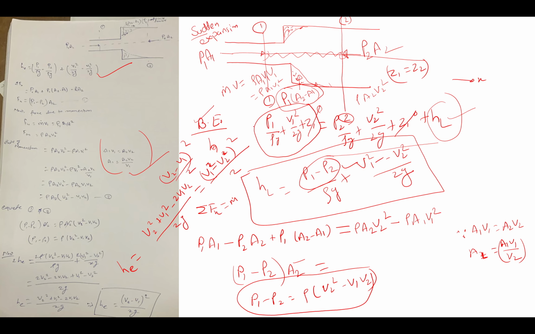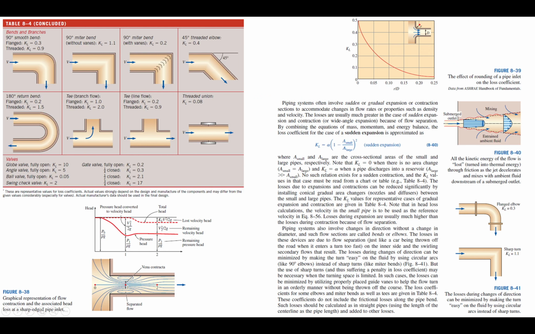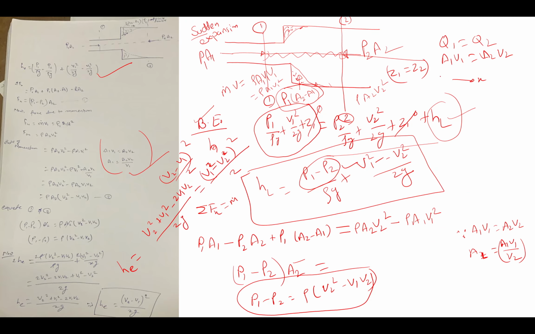V1 is more. Here you can see the discharge, if Q1 is equal to Q2, so A1 V1 is equal to A2 V2. So here A1 is less, so definitely your V1 will be comparatively high. So we'll write these things.